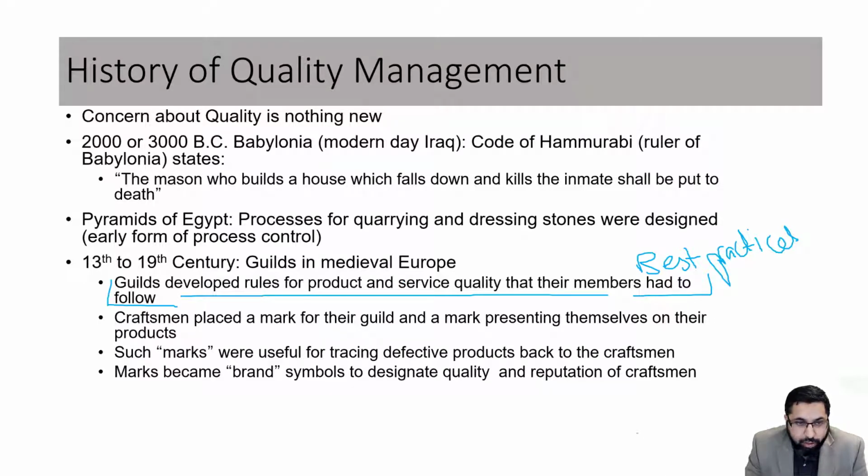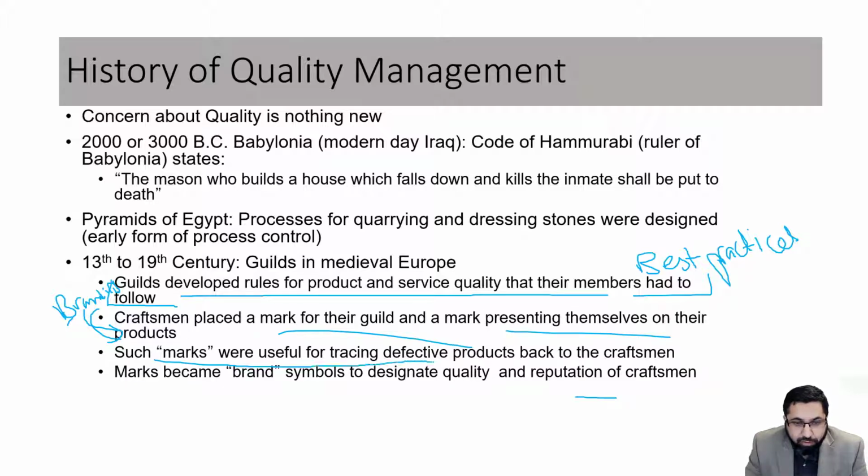And, as an early form of branding to build brand strength with the customer, they would put a mark for their guild, and sometimes a mark representing the craftsman as well.